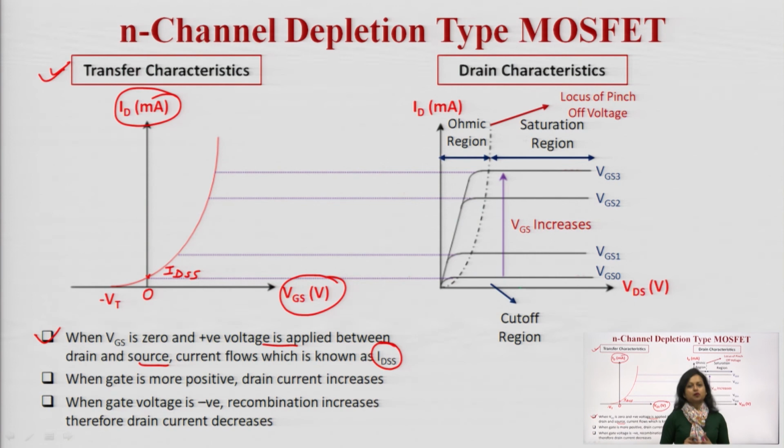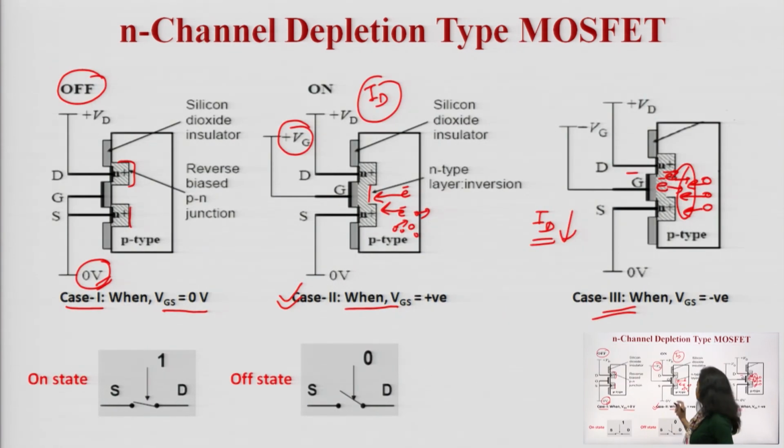When VGS is positive, what is going to happen? Let me give you an overview. This was the case when VGS is positive: a positive voltage is applied at the gate terminal. Electrons are available in the channel, and they will be attracted towards the positive terminal.